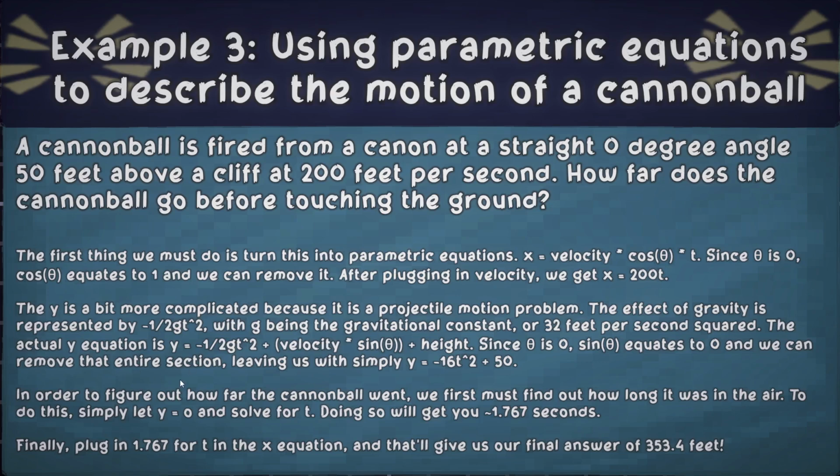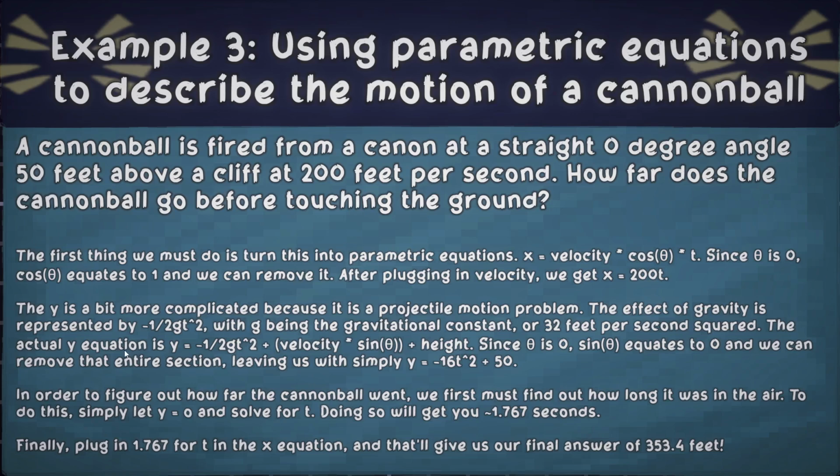So once we do that, g is 32 feet per second squared, and then times that by -1/2 to get 16. So you have simply -16 times t squared plus 50, with the 50 being the height, which is seen here at 50 feet above the cliff.